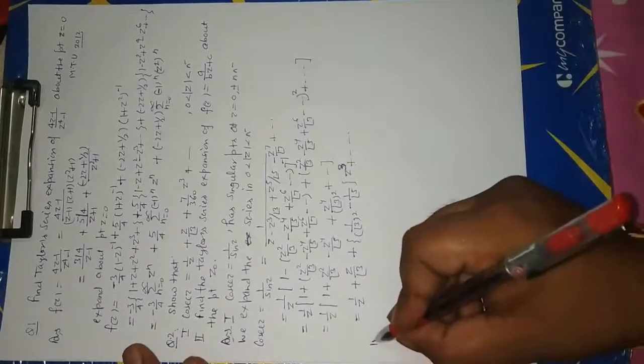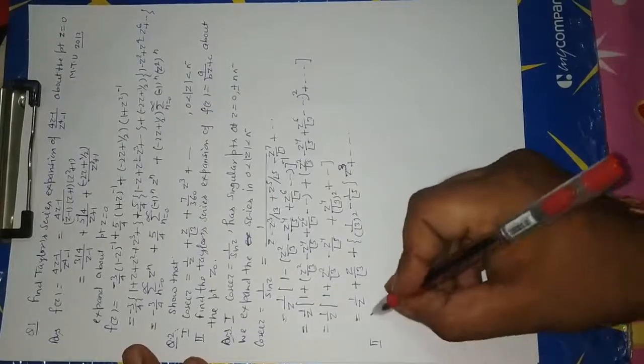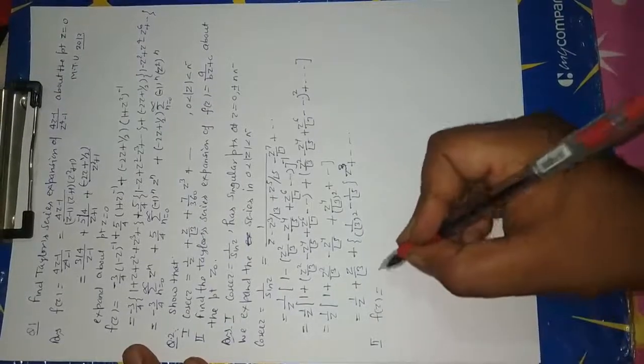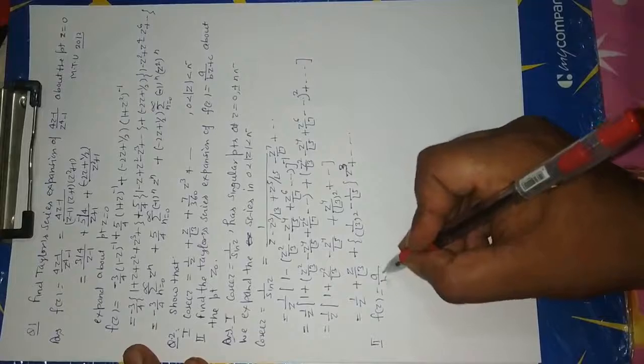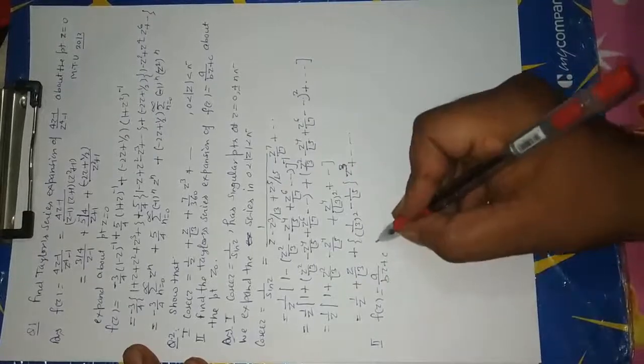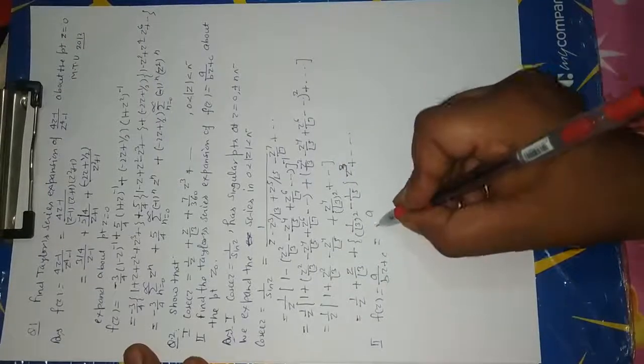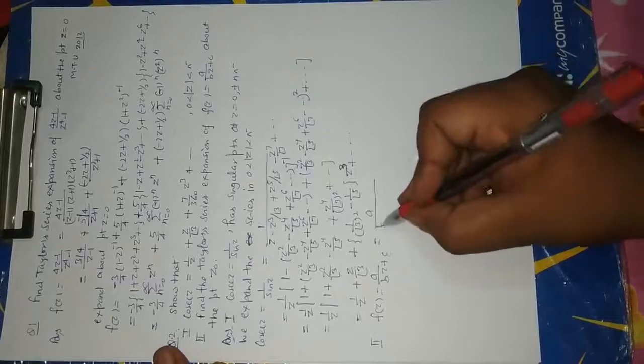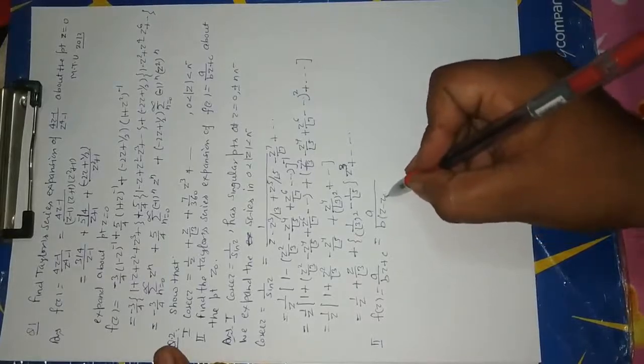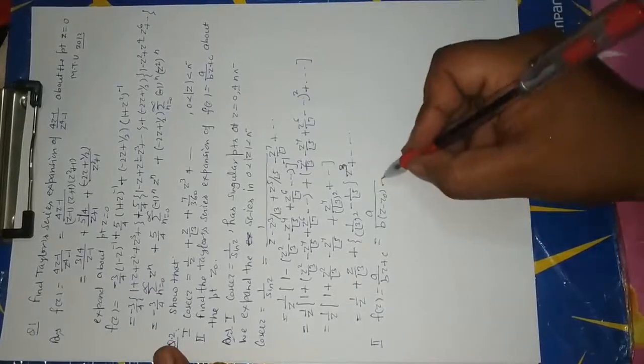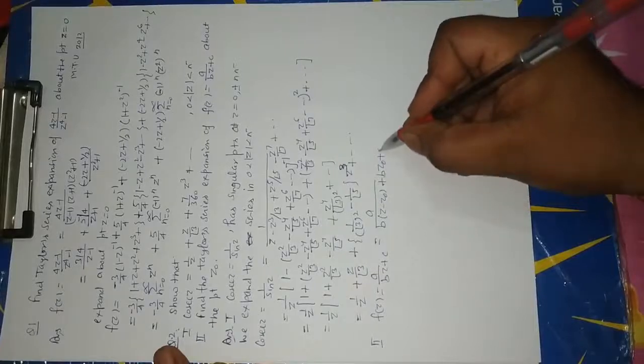Now second part, since f(z) = a/(bz + c), this is equivalent to a/(b(z − z0) + bz0 + c).